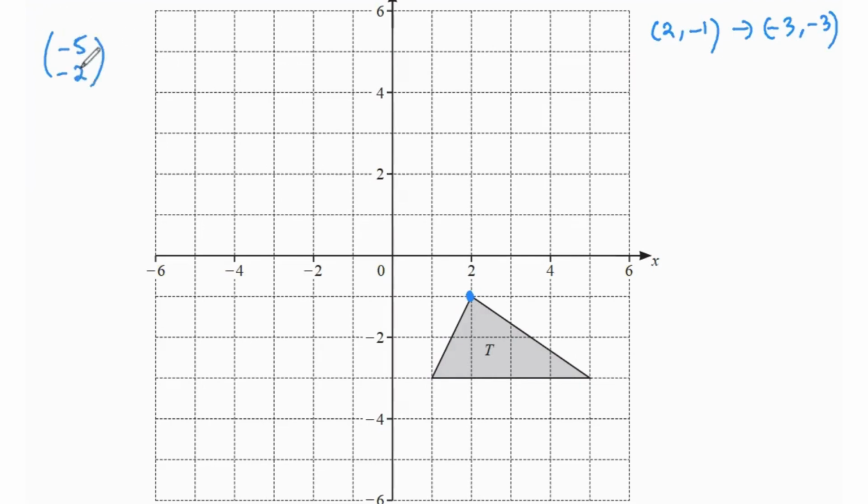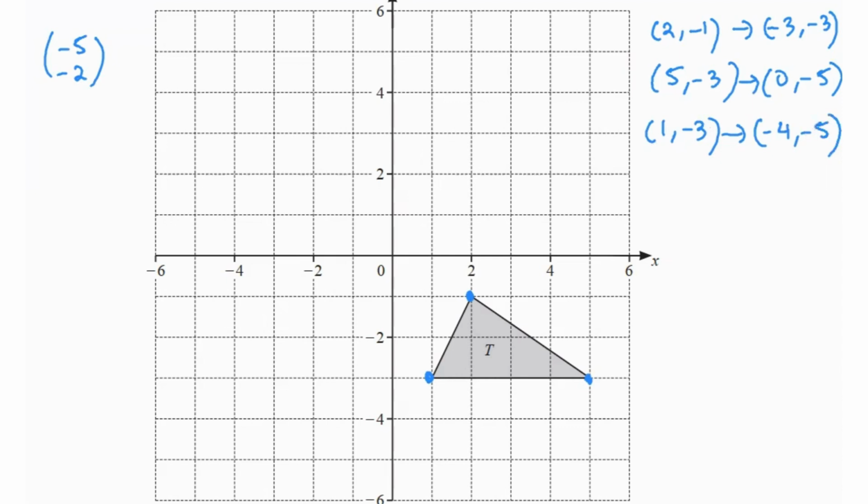So when we add -5 to 2, that becomes -3, and -1 plus -2 is -3. Similarly, this is 5, -3. So 5 plus -5 is 0. -3 plus -2 is -5. Then this, which is 1, -3. 1 plus -5 is -4. -3 plus -2 is -5.